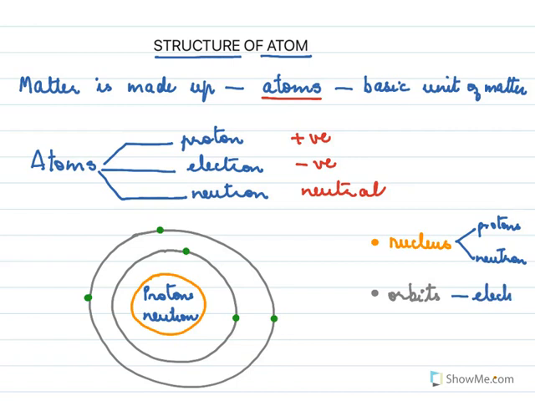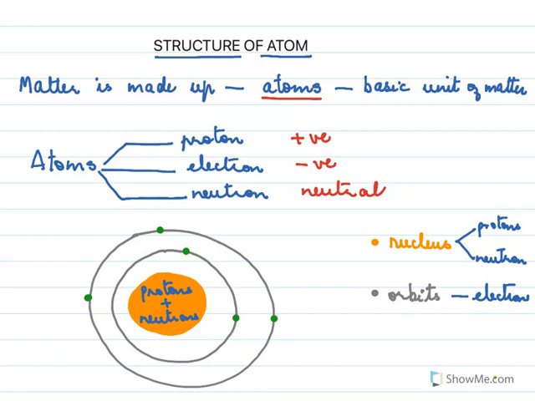They revolve round the nucleus in these orbits. So here we have the central nucleus. And we said in the nucleus we have the protons and the neutrons.